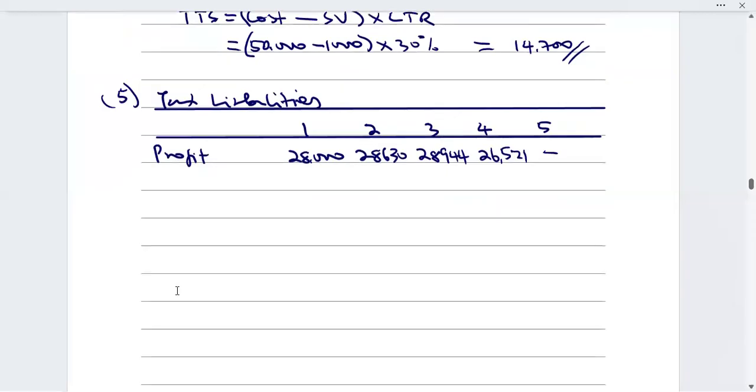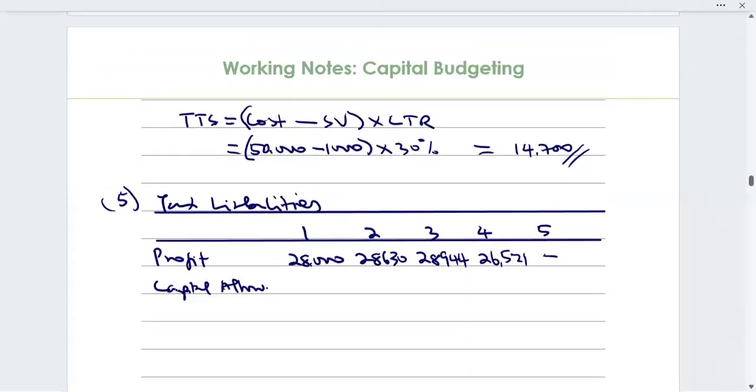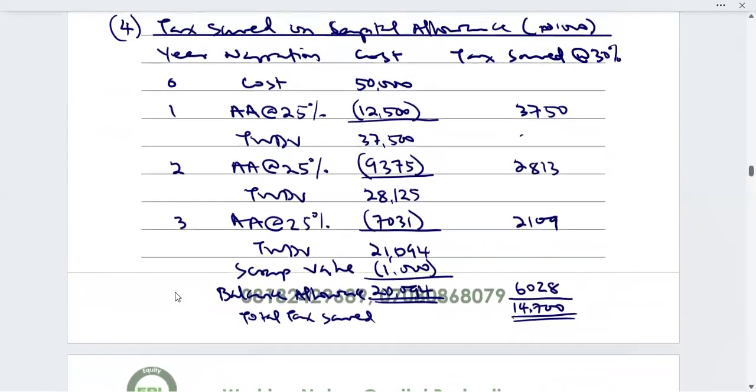Ordinarily, I'm supposed to multiply the company tax rate on the profits to get my tax liability. But because there is capital allowance, I must first of all deduct capital allowance. So capital allowance we computed for the first year is 12,500.